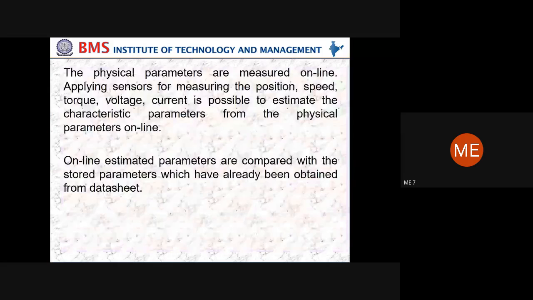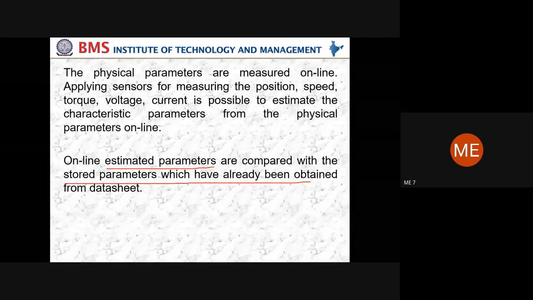Now you can observe the physical parameters are measured online. Applying sensors for measuring the position, speed, torque, voltage, current, it is possible to estimate the characteristic parameters from the physical parameters online. The online estimated parameters, which are nothing but the measured parameters, are compared with the stored parameters, which have already been obtained from your data sheet.